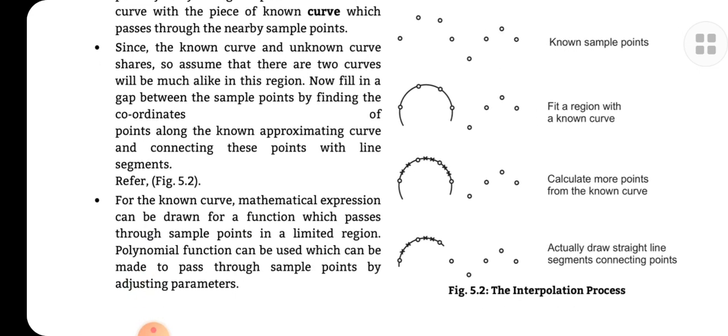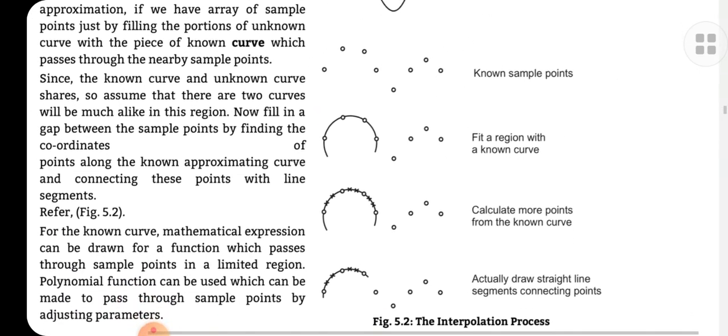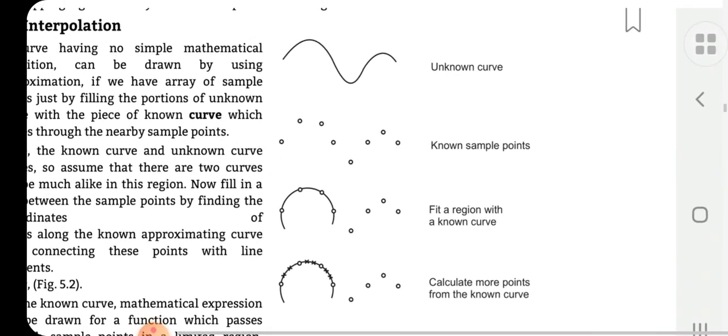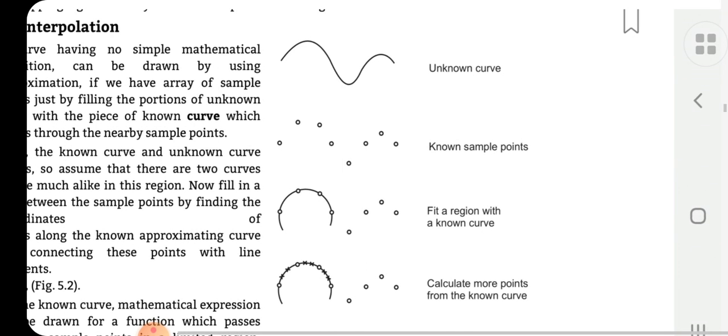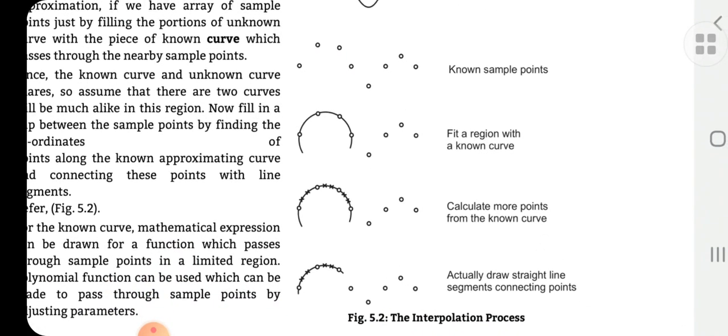In figure 5.2, the interpolation procedure is shown. The unknown curve is here, and after that there are some known sample points, these are the pixels. After the pixels are joined together, the regions are filled with a known curve, and then we calculate more points from the known curve and actually draw the straight line segments connecting the points.